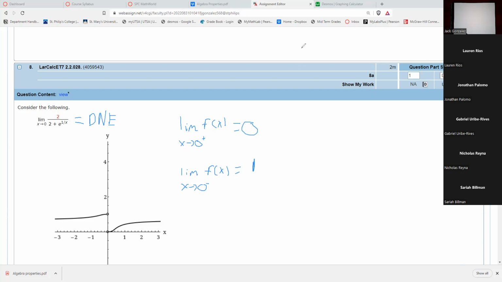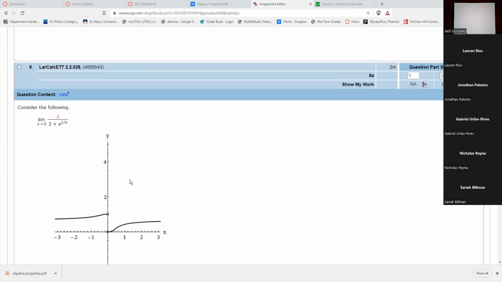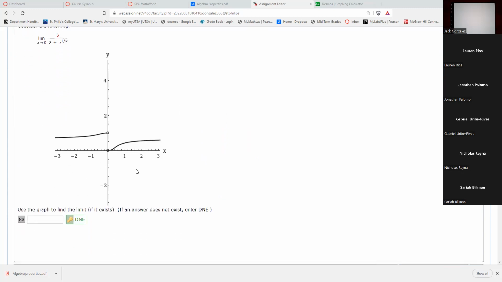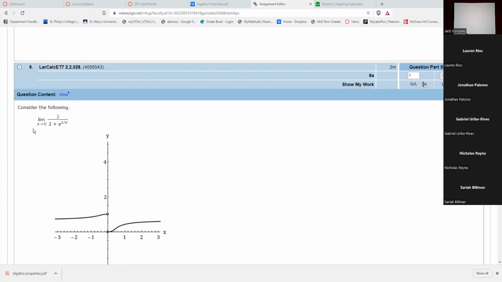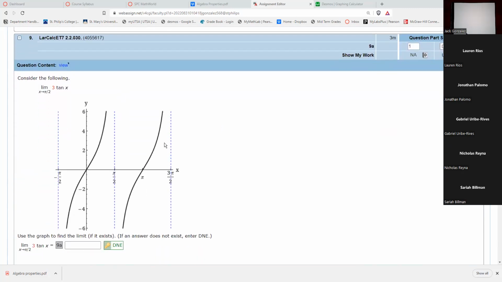Does that make sense? That's how they got this here. So graphically is, I think, the best way to see it and understand it. So whenever they give you a question like this, just graph it and see what's going on. Same thing here.